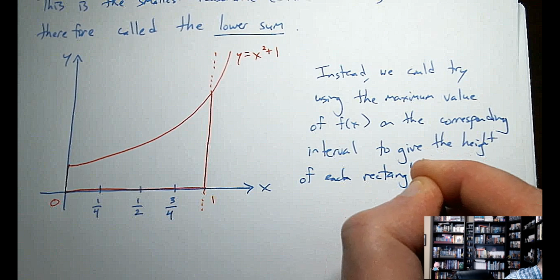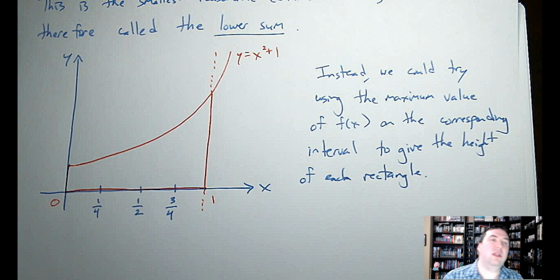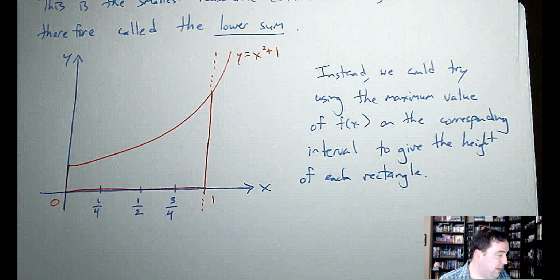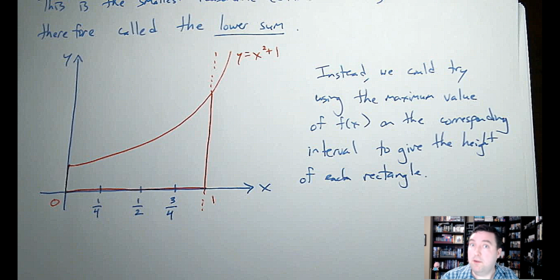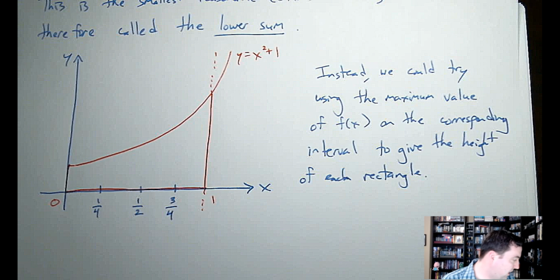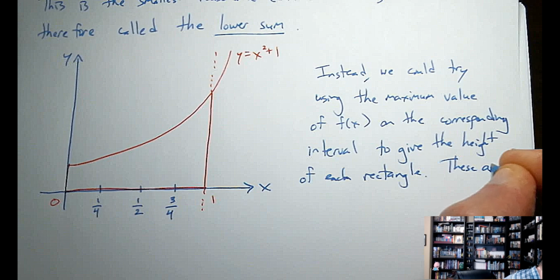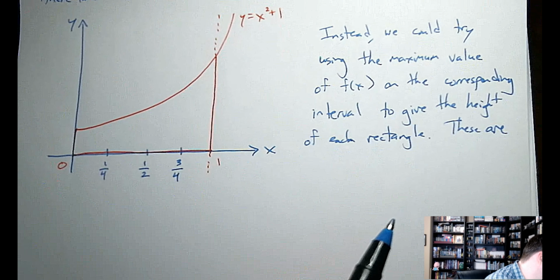So in other words, we could make the rectangles as large as it seems they could reasonably be. We wouldn't be taking in unnecessary extra stuff, but we definitely are going to take in some extra stuff. When we do that, these are called circumscribed rectangles.